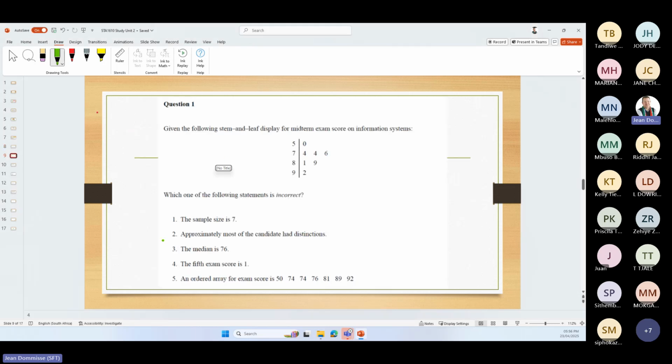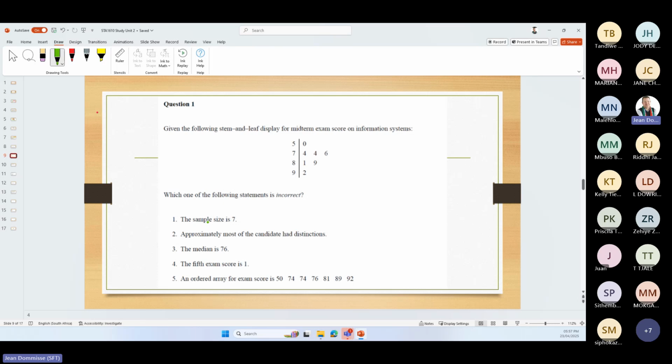Okay, so first question that we're gonna look at is a stem and leaf. There's certain things again that we will cover in study unit 3, but a lot of these are not linked to study unit 3, but I'll show you another example that there are again things that can be included in a question like this.